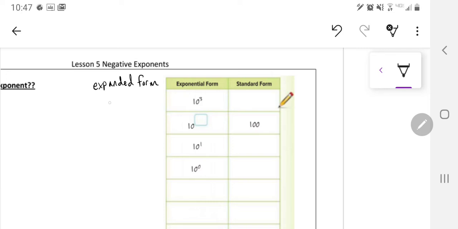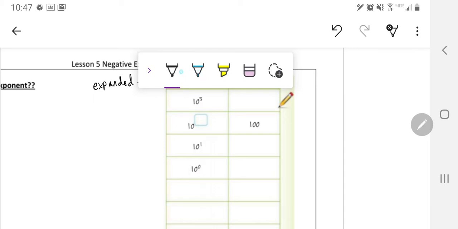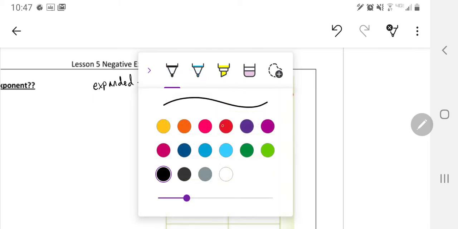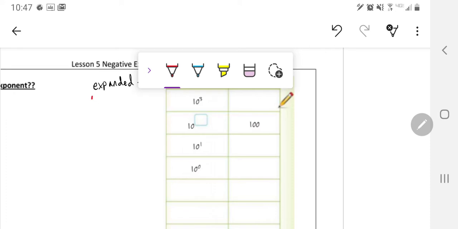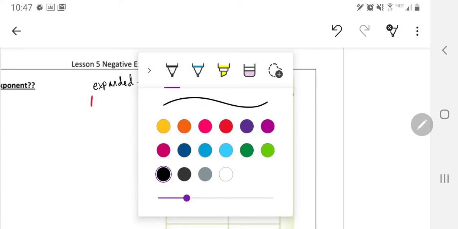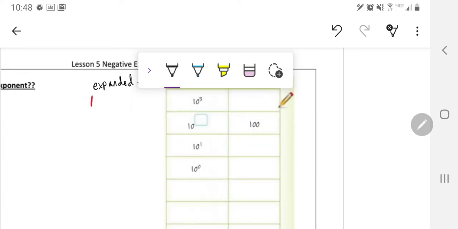Let's make sure that we always have a 1 here in our expanded form. And then we are going to say, okay, well, 10 to the third means times 10 times 10 times 10. All right, 10 times 10 is 100. 10 times 100 is 1,000.